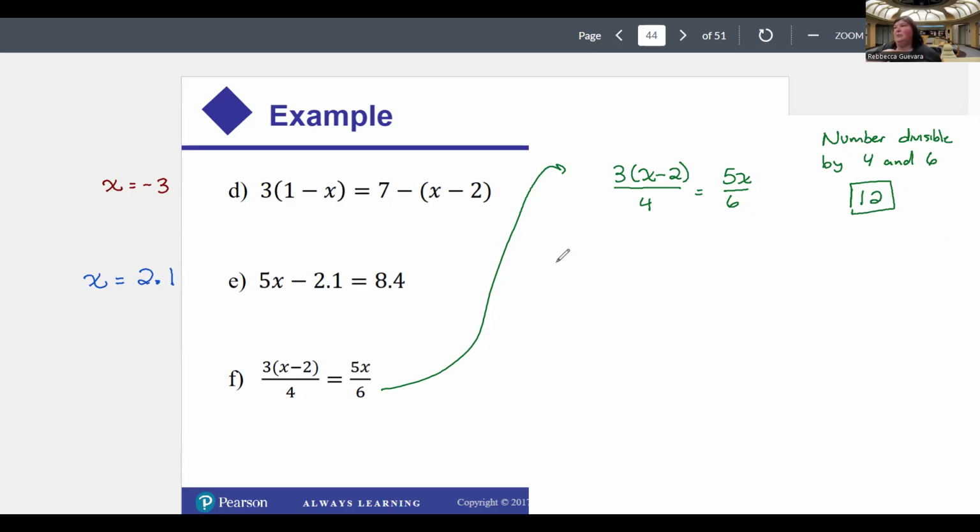So that means I'm going to multiply both sides by 12. Like I said, if you use 24, 24 would have worked as well.